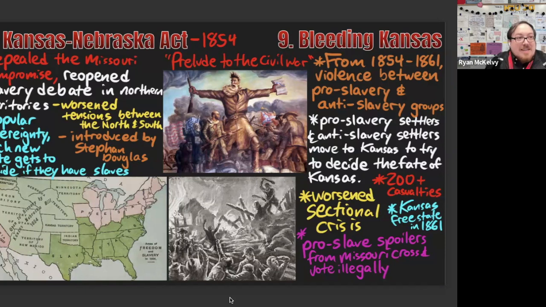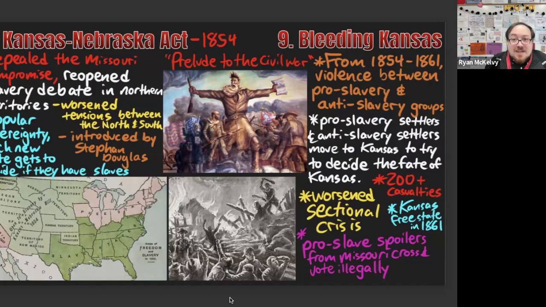And so you have anti-slave people moving in, and you even have pro-slave people from Missouri going into Kansas to vote illegally for this constitution. And their first attempt to become a state fails, again because of these people crossing and voting illegally.